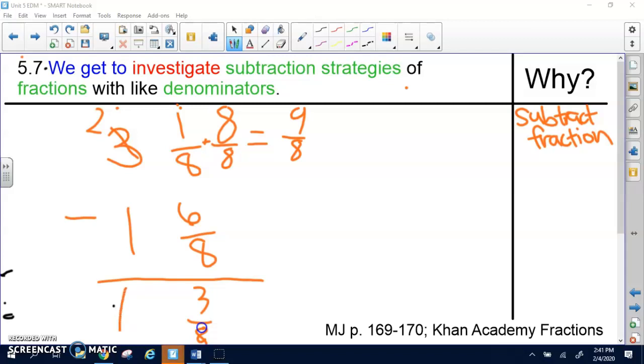So the old trade first or borrow from the place value, what he had to do was convert that 1 whole into that 8/8, so it would have a common denominator. He added them together so that he had enough to subtract from this. Thumbs up, thumbs sideways, thumbs down. How you feeling about that trade first involving the mixed numbers here? Excellent.